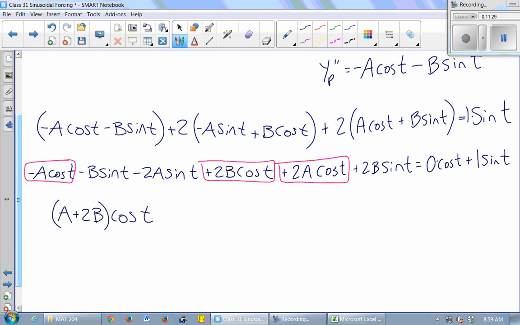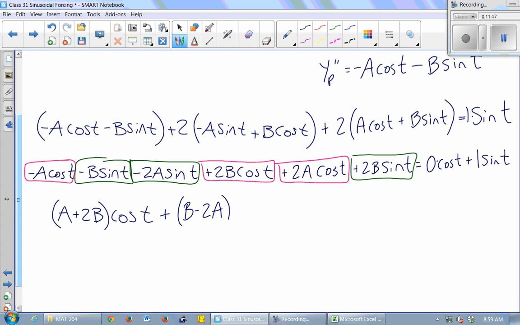Right, and then I'll do my sine t's, gather all those up. Negative b minus 2a and plus 2b. So that would be b minus 2a. And that's got to equal 0 times cosine t plus 1 times sine t.